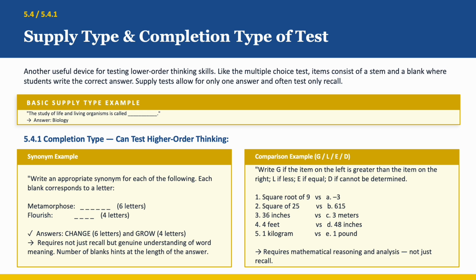Or the math comparison example. Write G if the left item is greater, L if less, E if equal, D if cannot be determined. Then it gives pairs of values to compare, like square root of 9 versus -3, or 36 inches versus 3 meters.